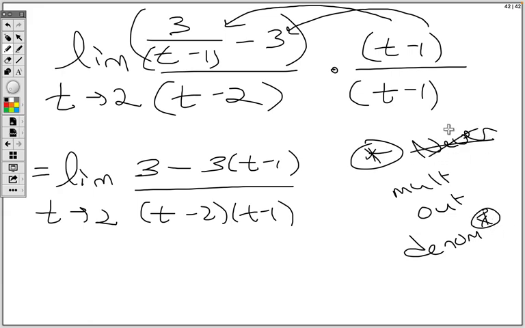I should not say never. I should say don't. It's a rule of thumb, which means it's going to work 99% of the time. The whole reason we're doing this simplification is we're trying to cancel out the factor t minus 2 because that's the one that's causing the 0 down there. So if eventually you want to cancel it out, there's no need to FOIL things out only to try to factor it out again. So you're kind of working against yourself in that case.